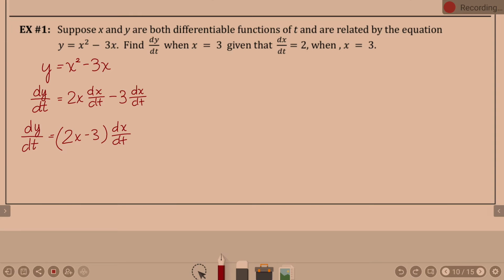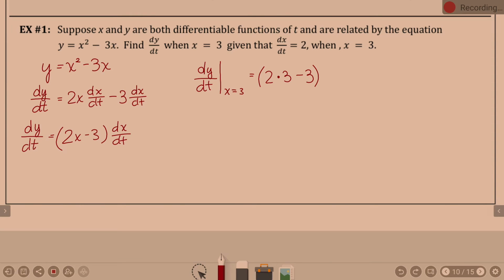Now, we are being asked to find dy/dt. I'm going to use the evaluation bar at x equals 3. We already have an equation solved for dy/dt, don't we? Plug the information in. 2x minus 3, so 2 times 3 minus 3.